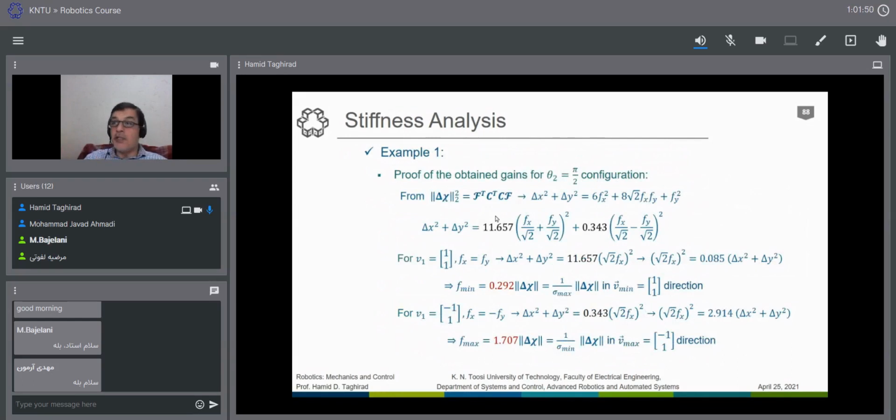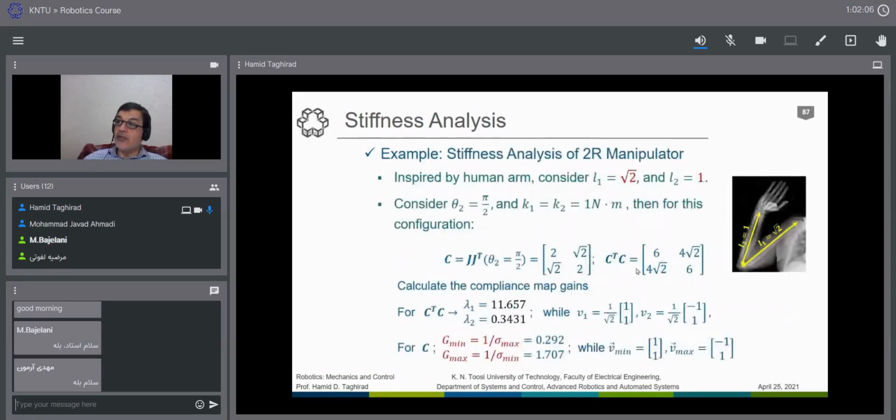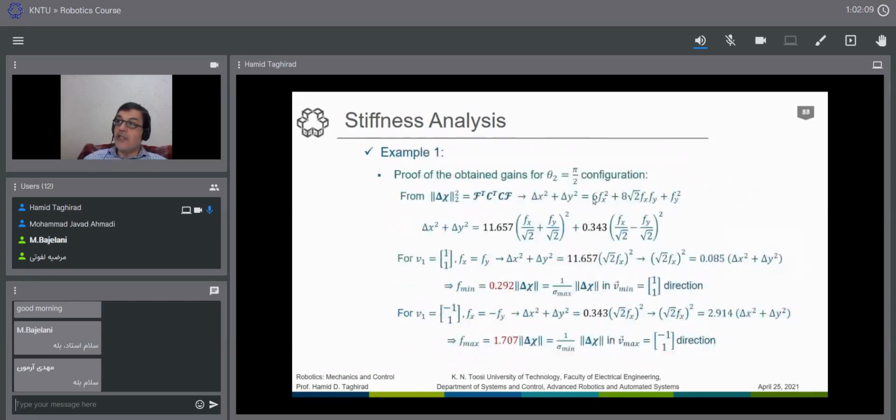And I have also, again, formulated everything here. You can see that the relation between delta x and delta f is like that in a 2 norm. So delta x squared would be this, and f squared, we have C transpose C in here, we have 6, 8, square root of 2, and this number, by linear algebra, we can see we have a matrix multiplied here.